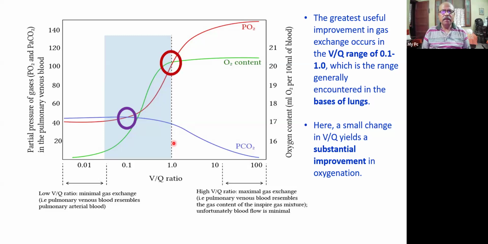This is the ideal VQ ratio of 1, where they are crossing each other, and the PO2 you can see has gone up like this, the steep portion of the curve as you can call it, and the PCO2 is not much affected from this point to that point.